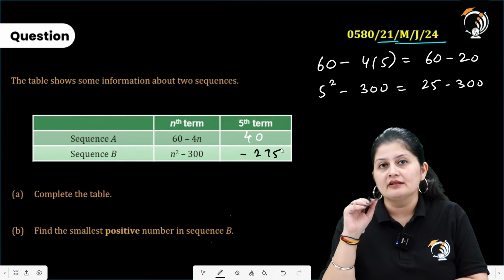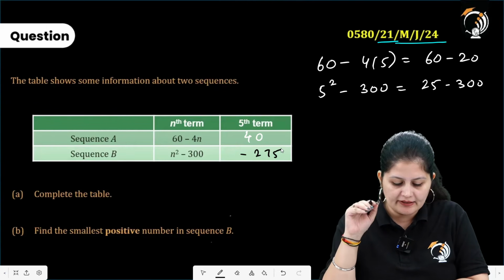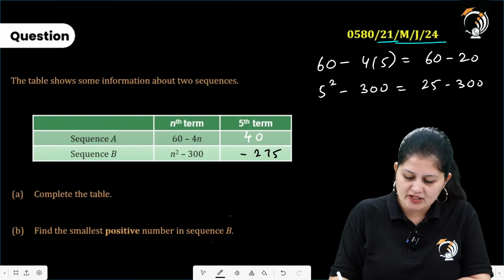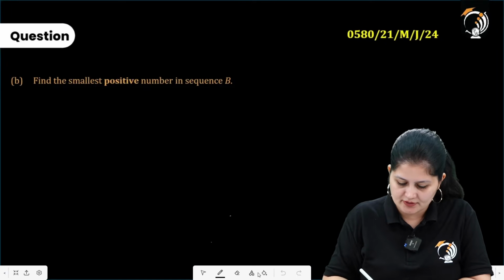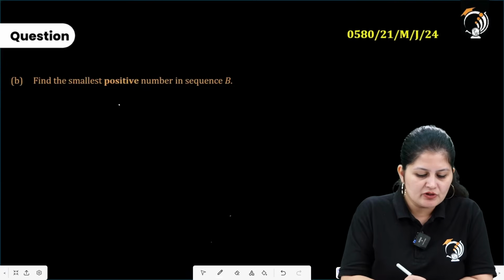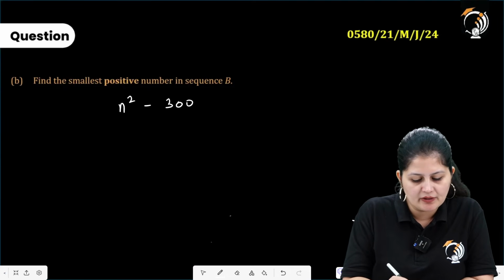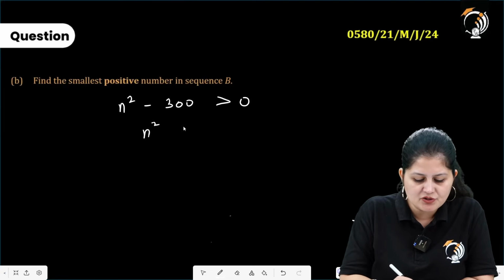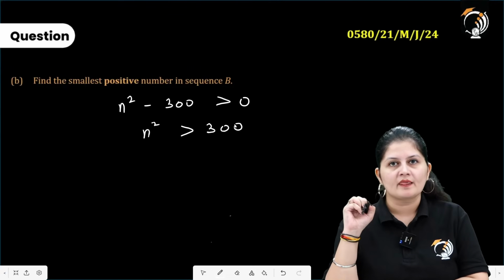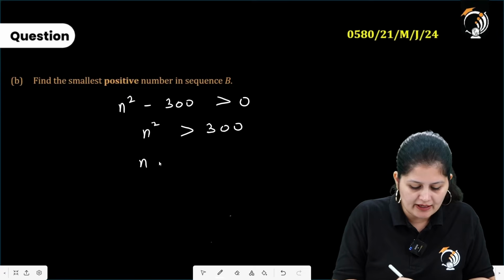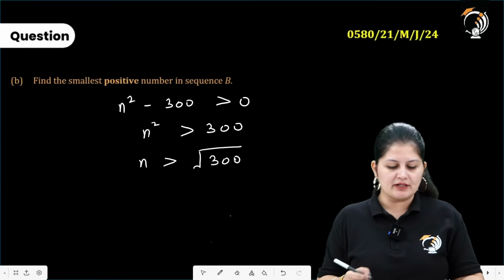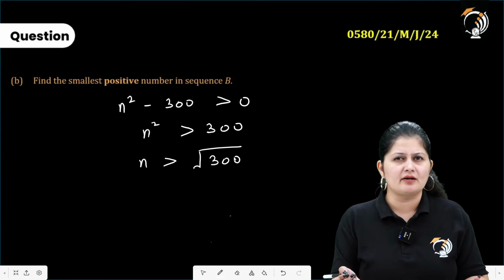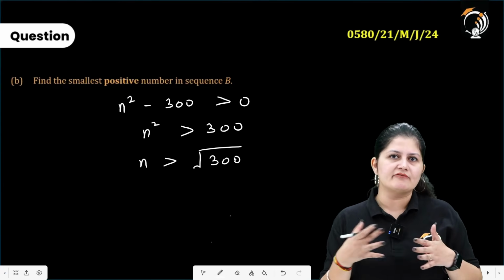Now, find the smallest positive number in the sequence. So, we need to get the smallest positive number in the sequence B. The sequence is n square minus 300. So, that means we need n square minus 300 to be greater than 0. So, n square needs to be greater than 300. Correct? Then n needs to be greater than the square root of 300. If we do the square root of 300, we will get 17 point something.